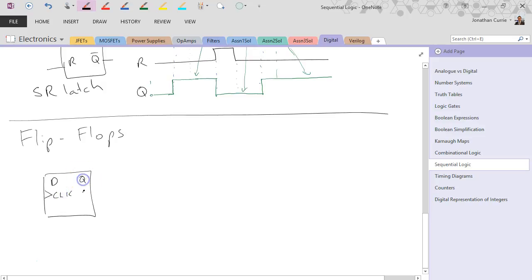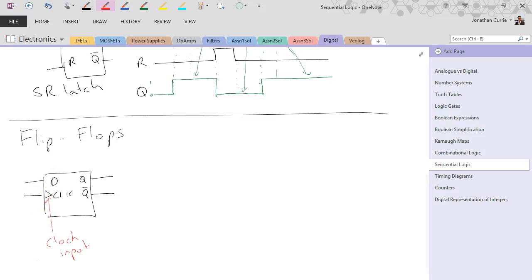Now, as with virtually all flip-flops, it has a clock input, as well as one or more inputs and one or more outputs. The way we can tell it's a clock is because of this triangle here. If you see a bubble on it like that, then you know it's a falling edge. If there's no bubble, then it's a rising edge. In this case, rising.